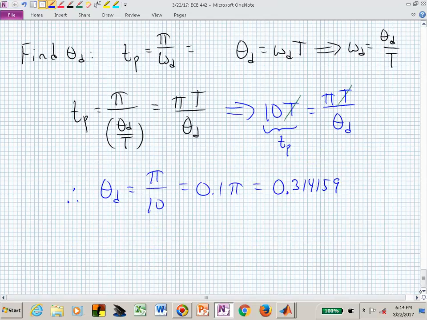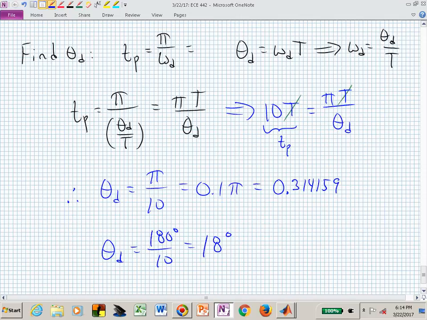Or, I don't usually think in radians, but I know what pi is in terms of degrees, so theta sub d is now 180 degrees divided by 10. So I now know my angle, theta sub d, is 18 degrees.